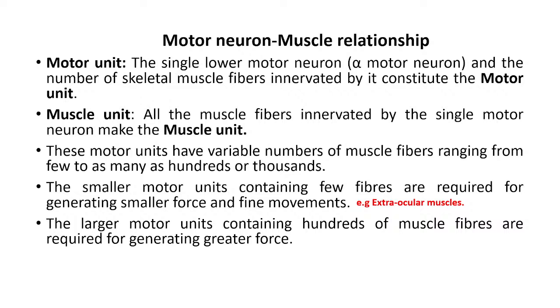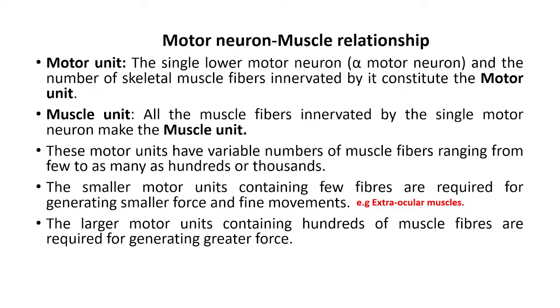So we have larger motor units containing hundreds of muscle fibers, required for generating greater force. One motor neuron innervating how many muscle fibers now? Not hundreds, but in thousands, say 2000, 3000. Where do you expect these motor units? Back muscles, good.